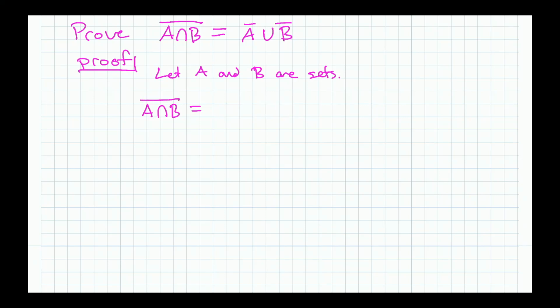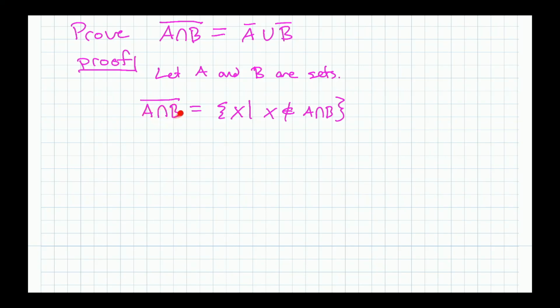So what does it mean to be in the complement of A intersect B? What it means is this. It's the set of all x such that x is not in the intersection. Does that make sense? Because the complement of any set is everything outside of the set.